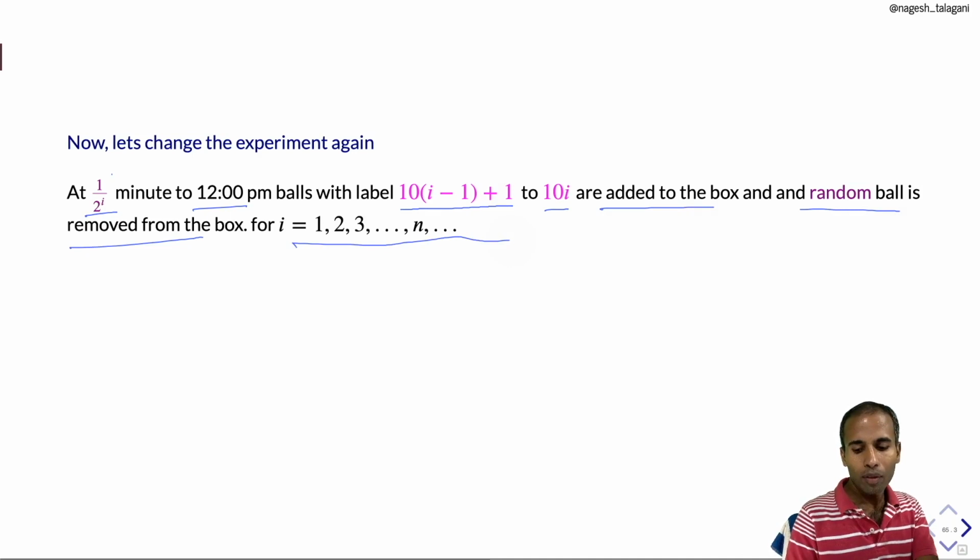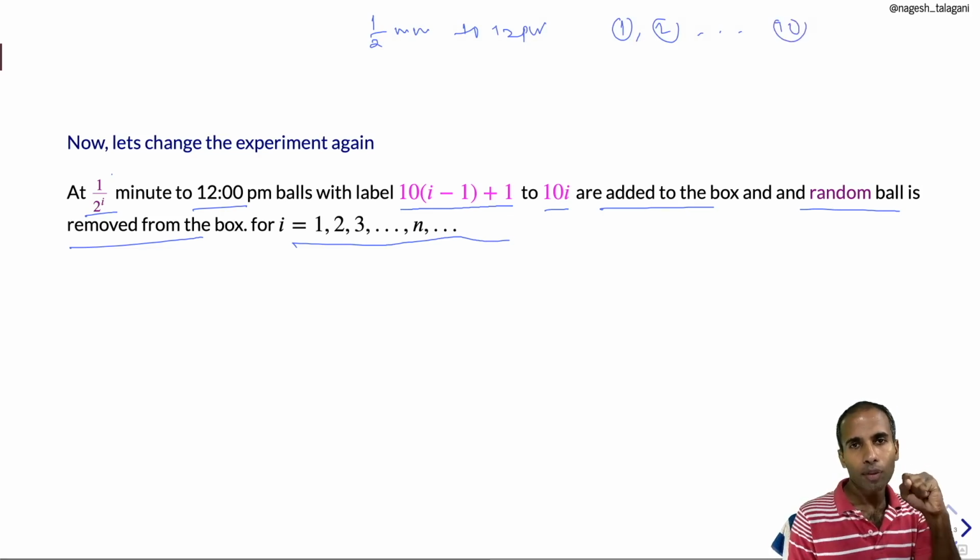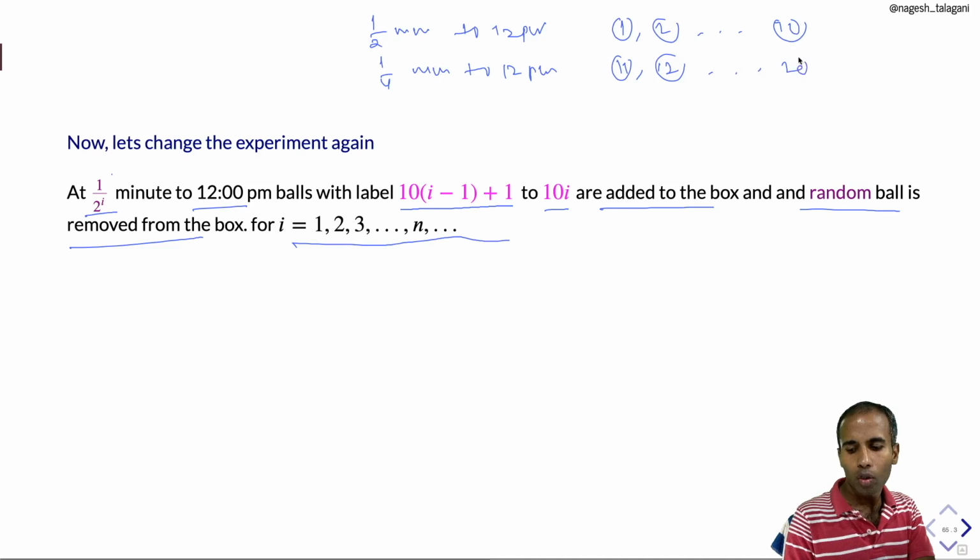So this time at 1/2 minute to 12 pm, balls with the labels 1, 2, and so on up to 10 are added. A random ball is removed from the box. Again, at 1/4 minute to 12 pm, balls with the labels 11, 12, and so on up to 20 are added.